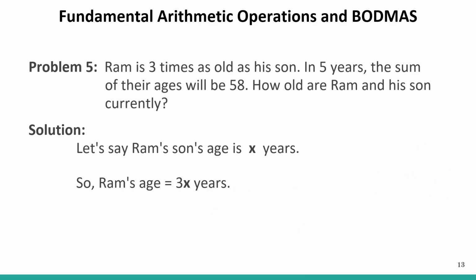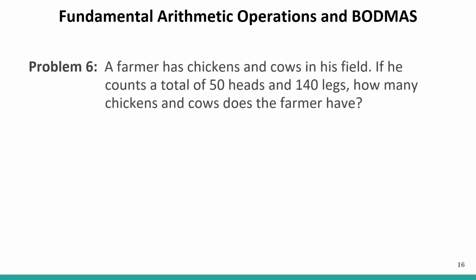The next question is: a farmer has chickens and cows in his field. If he counts a total of 50 heads and 140 legs, how many chickens and cows does the farmer have? Here you need to know that two kinds of entities are there: a chicken, with one head and two legs, and a cow, with one head and four legs.